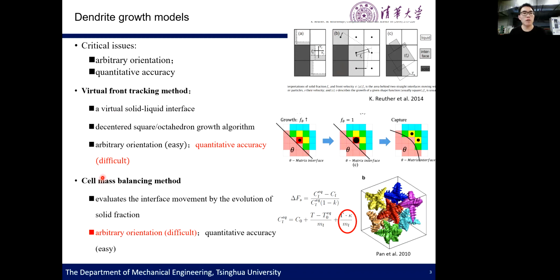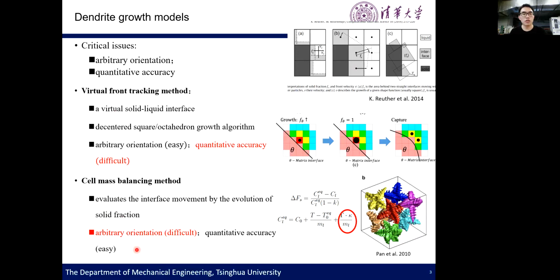So it is hard to make this model quantitatively accurate. Another type of dendrite growth model uses the cell mass balance method. In this method, we do not need to build a virtual solid-liquid interface. We just evaluate the interface movement by the evolution of solid fraction, just like the figure shows here. Using this method, it is very easy to achieve quantitative accuracy because every movement of the interface is determined by the local equilibrium condition in the interfacial region.